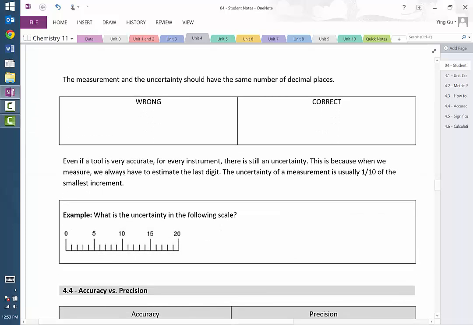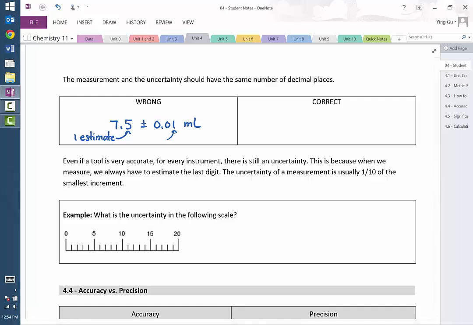When we write our uncertainties, it's very important that we make sure that it makes sense. For example, if you were to read a number 7.5 and you reported an uncertainty of 0.01, let's say this is milliliters, we would consider that to be incorrect, because from the 7.5, this 5 is your one estimate. That is the number that you were uncertain about. So it makes no sense that you report an uncertain digit in a place value that is after the 5, because you were not sure of the 5 in the first place.